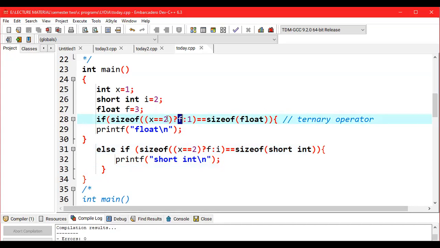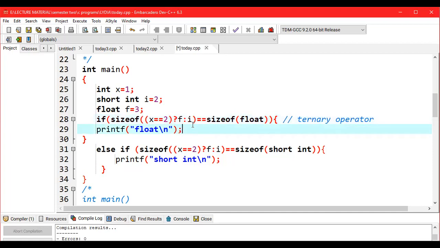Let me see how they're trying to examine it. Otherwise, it would return. Oh no, here it's not f. It's I.